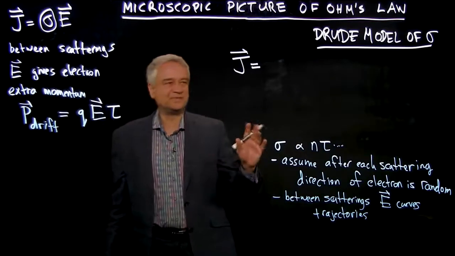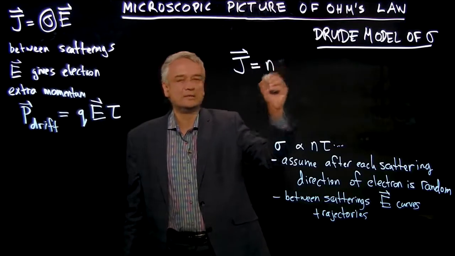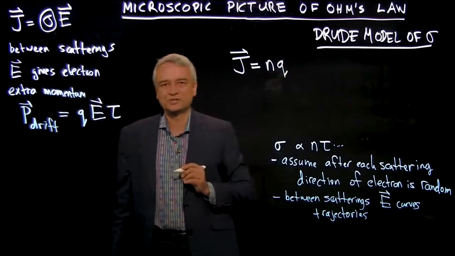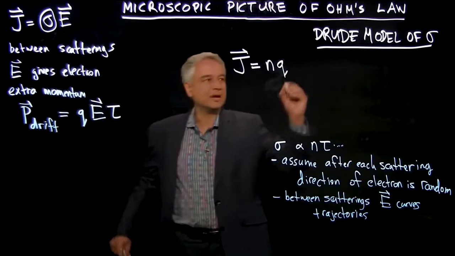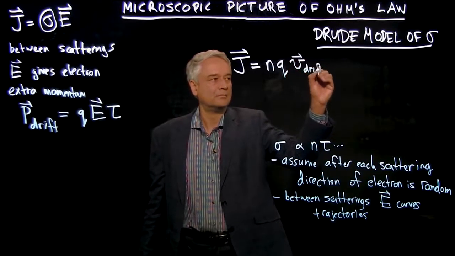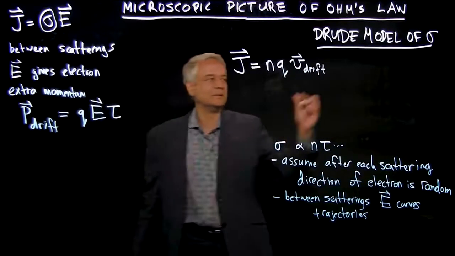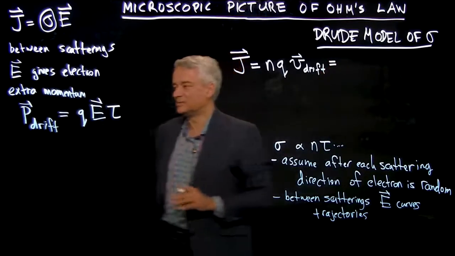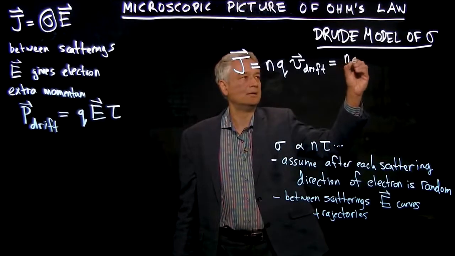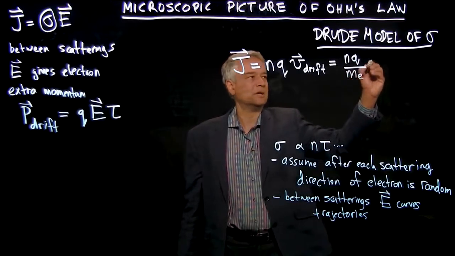In the previous video segment, we saw that J in a conductor was N, the number of charge carriers per unit volume, Q, the charge of each charge carrier, here they are electrons, times the drift velocity. And I can relate the drift velocity to the drift momentum very simply by noting that P drift is M times V drift. So this is NQ divided by the mass of the electron times P drift.